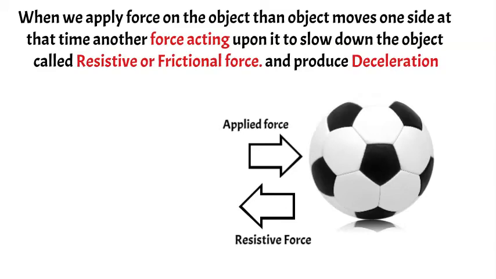This resistive or frictional force produces deceleration, because when we apply a force, it produces acceleration in the object, and at the same time another force is applied to stop or slow down the object. This resistive or frictional force causes deceleration in the object.